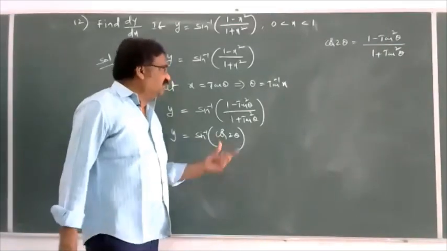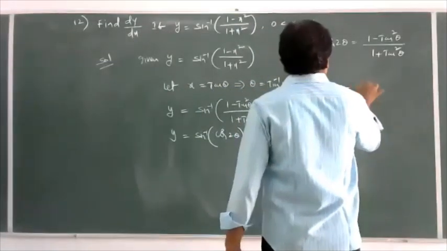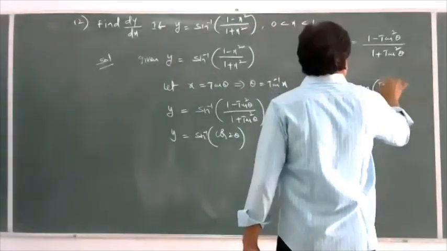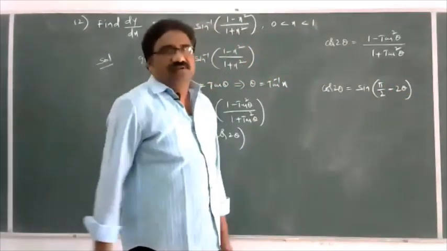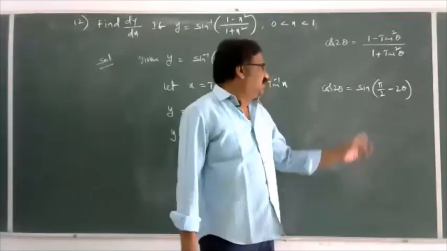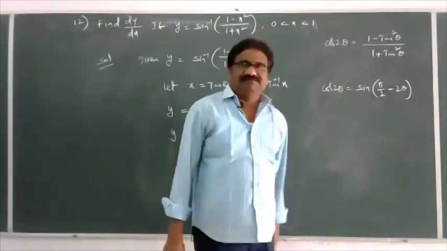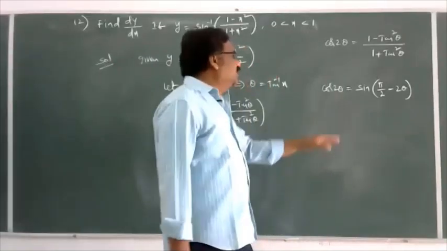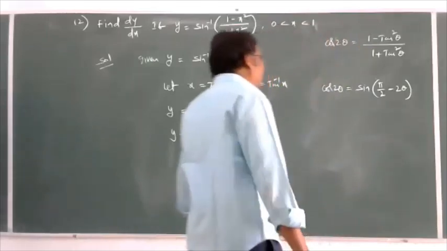That's why you convert cos 2 theta: cos 2 theta is equal to sine of (pi by 2 minus 2 theta). You remember the trigonometry? Sine of (90 minus theta) is equal to cos theta. So cos 2 theta can be written as sine of (pi by 2 minus 2 theta).